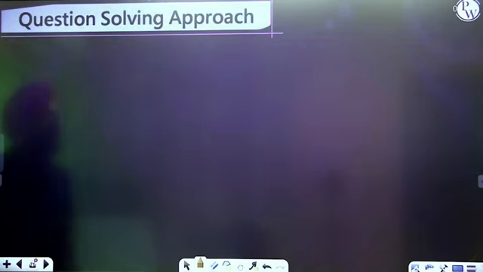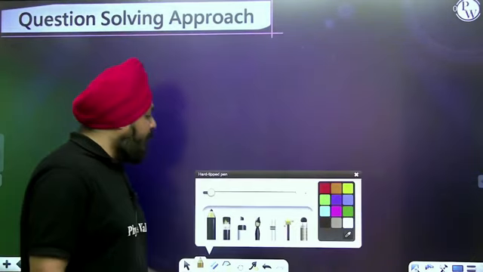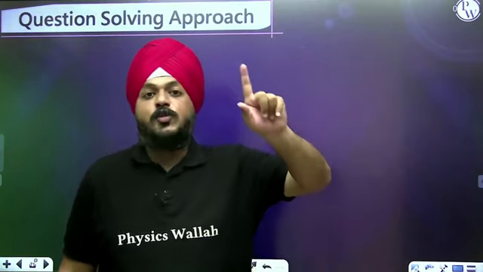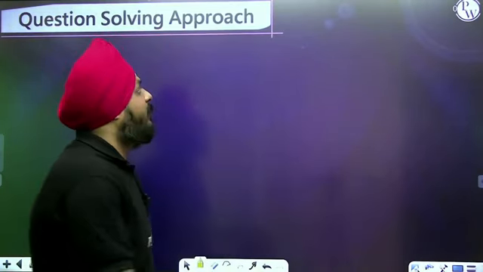What is the question solving approach? See, in the concept of relative motion, always two interacting particles are there.